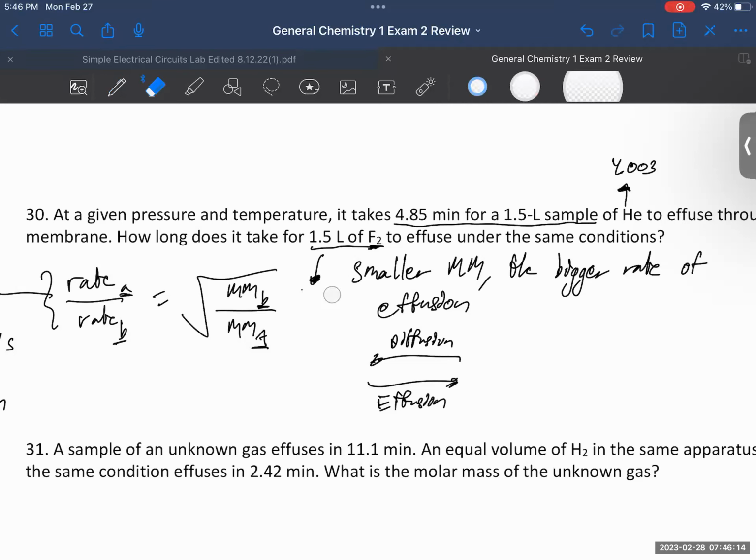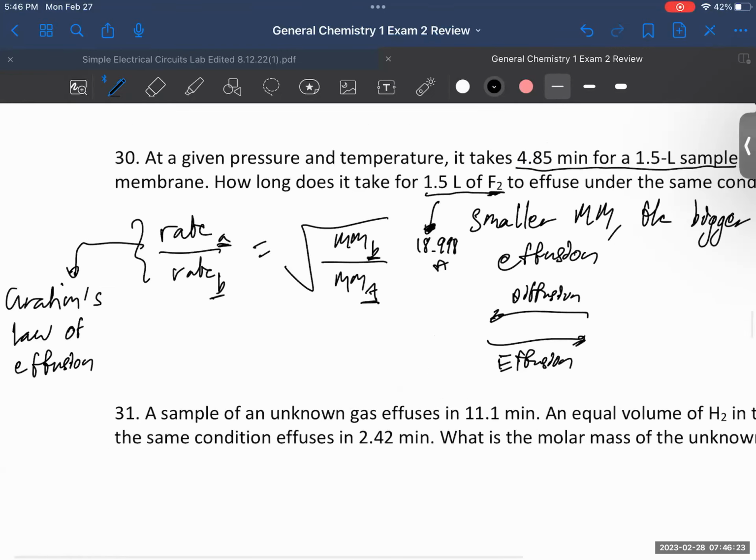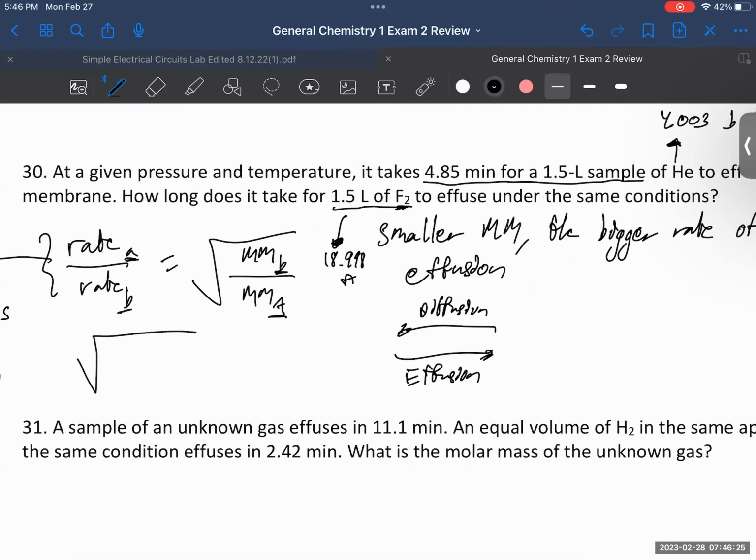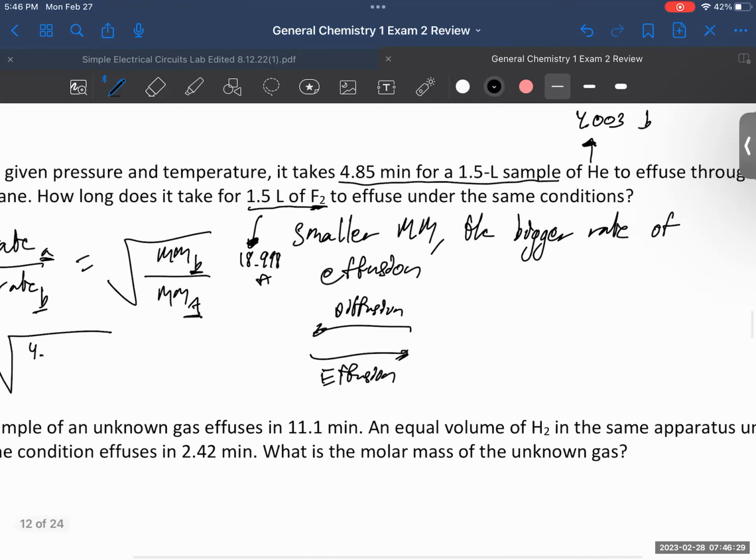All right, which one do y'all want to call A and B? I'm gonna go with helium as B and then fluorine is A. Why is that important? So let's do it. So the square root of 4.003 over 18.998 equals the rate of diffusion of A over the rate of diffusion of B.